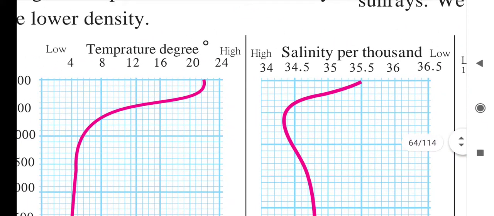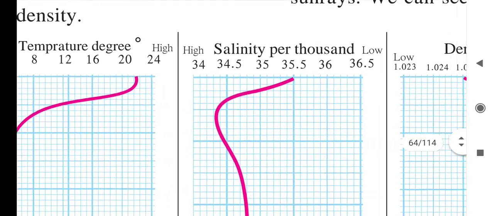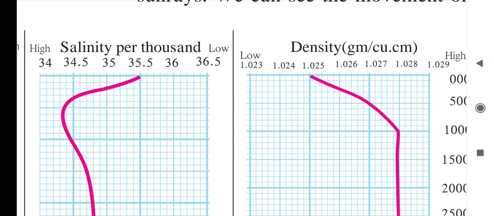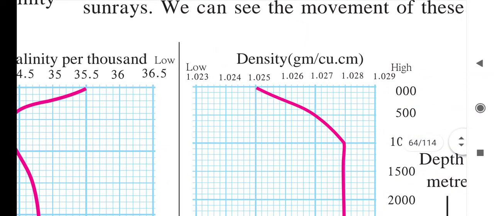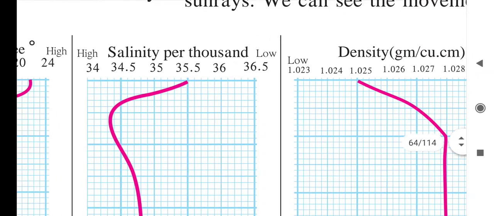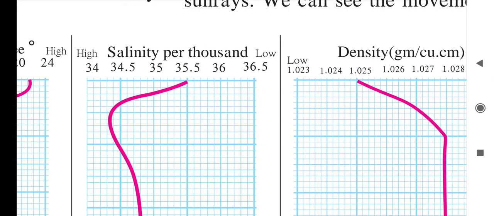Students, see, temperature is getting less, from 24 it goes down to 4 degrees. If the temperature is less, then density is high. If the salinity is less, and you see that salinity is getting less, 35.5, 35, 34, then density is also less. But here it is said that however the temperature is less, the density is more, despite the salinity being less.